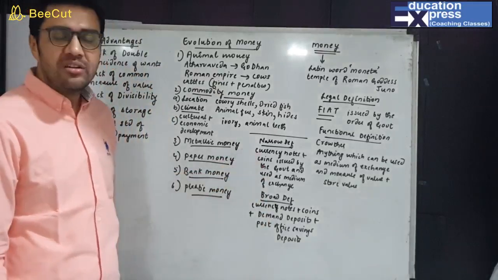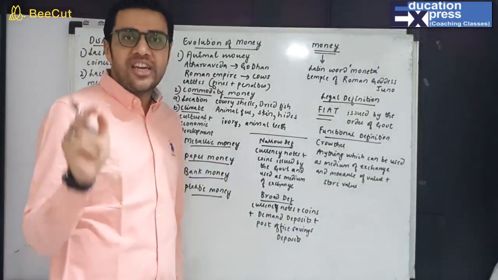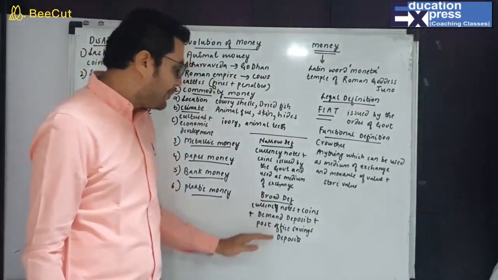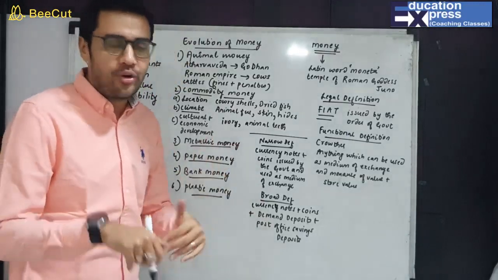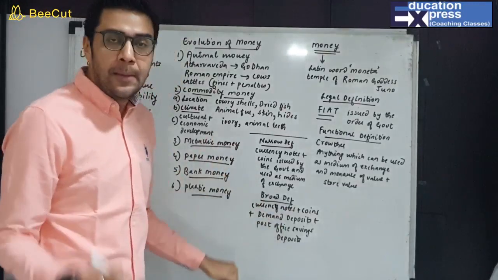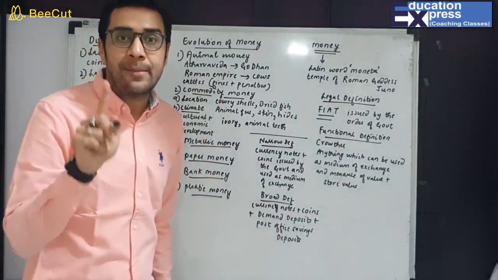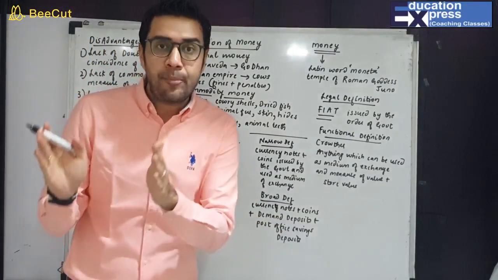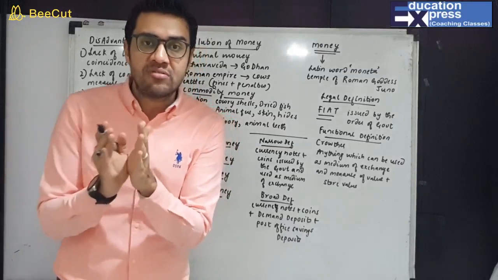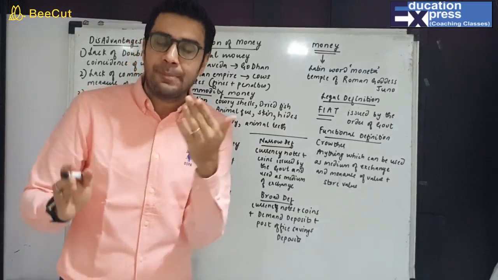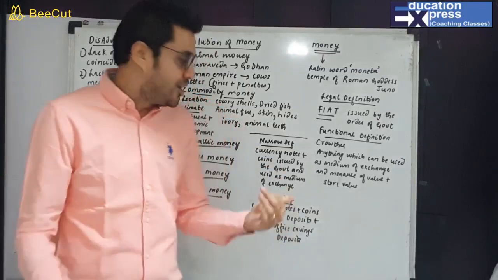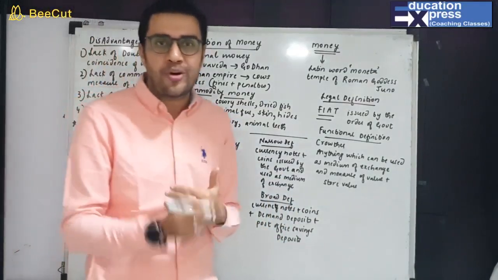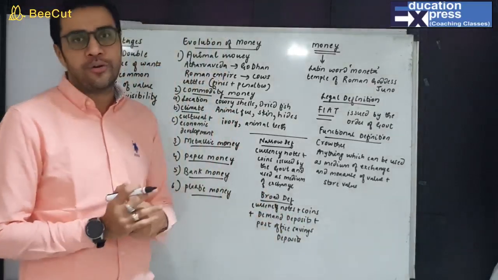So the narrow definition is just currency notes and coins issued by the government which can be used as a medium of exchange. And the broad definition will definitely include the narrow one: currency notes plus coins plus demand deposits. What are demand deposits? Deposits which are withdrawable on demand. The deposits which we have kept with the bank which can be withdrawn on demand are also money, so that also comes. And post office savings deposits, the deposits you have kept in the post office, are also included here.